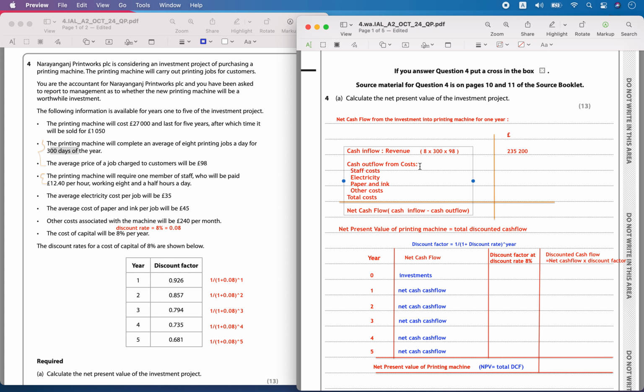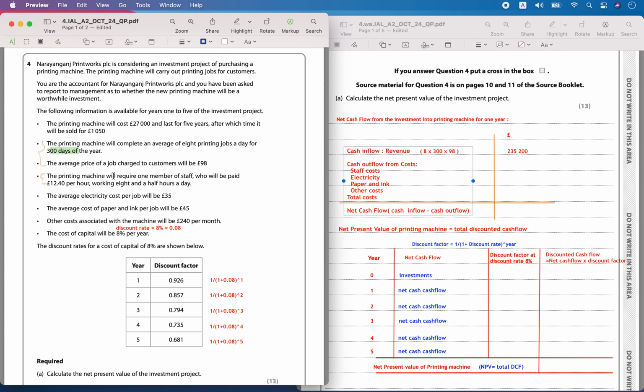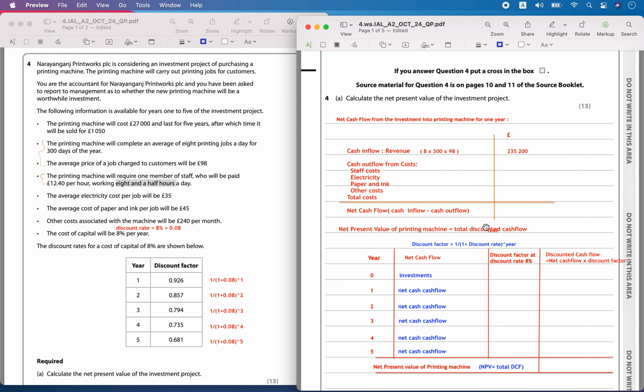Then you have the cash outflow from the costs. First one is the staff cost. The staff is going to be paid 12.4 pounds, and they are going to work for 8.5 hours a day, for 300 days.